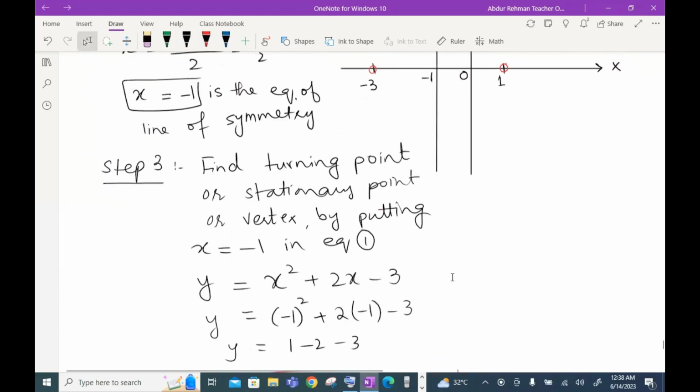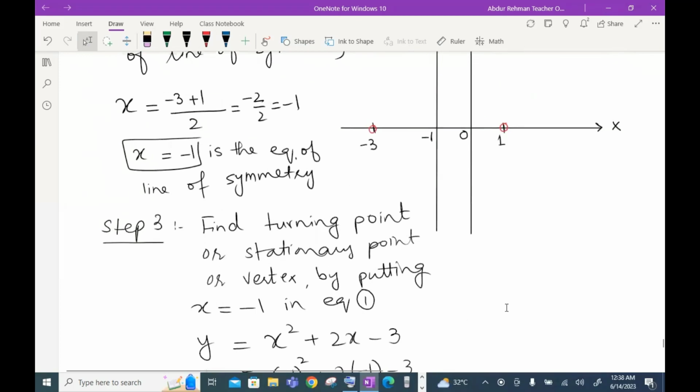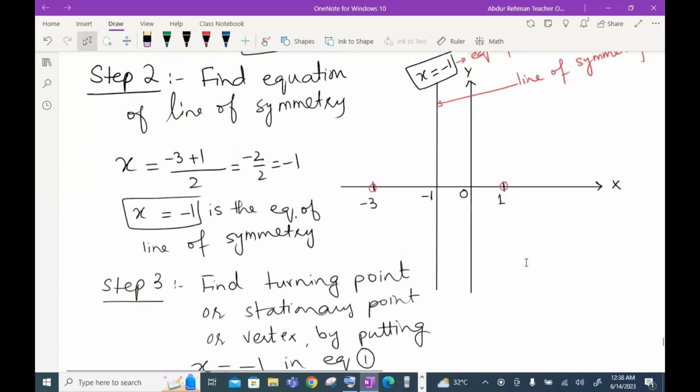The coordinates of the vertex are minus 1 comma minus 4.